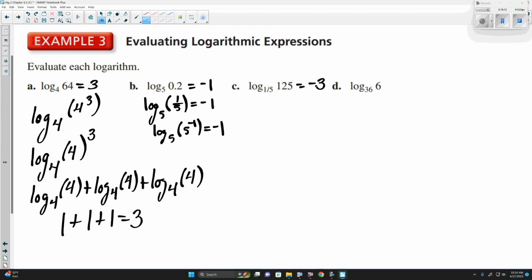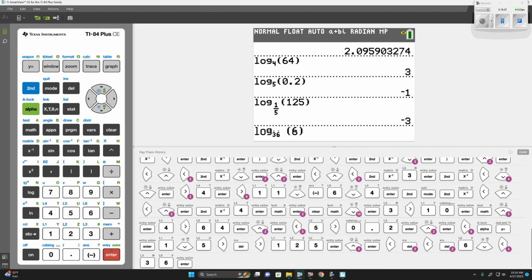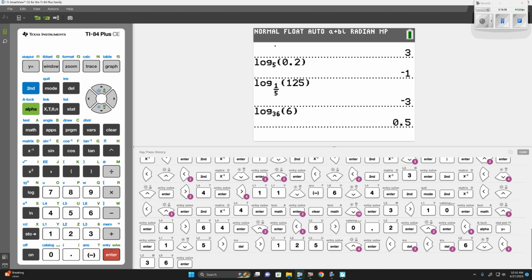Questions on this here? We like this so far? Log base 36 of 6 should be a half. 36 to the 0.5 or 1/2 is 6.